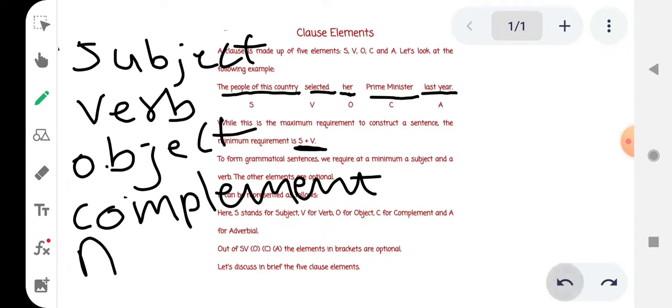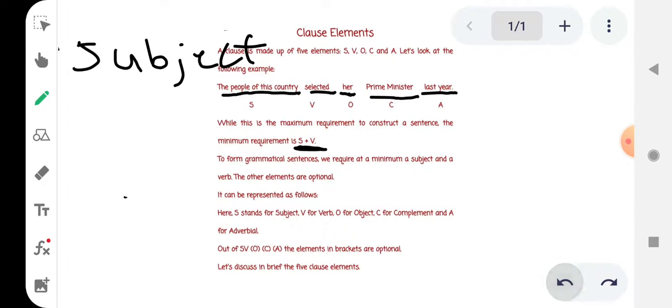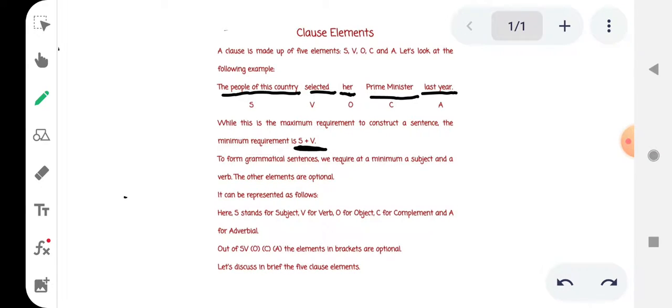Subject and verb are the basic requirement to form a sentence. The minimum requirement to construct a sentence is subject and verb, while the maximum requirement is all these 5 elements.